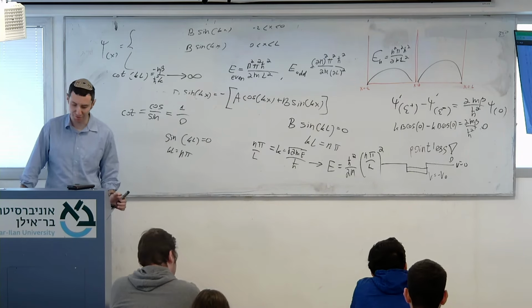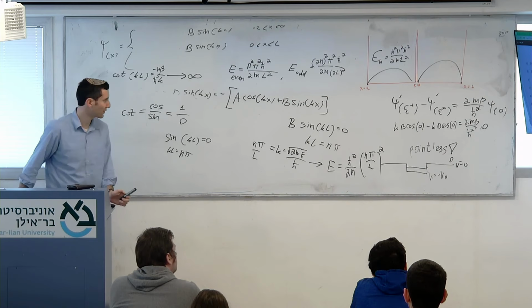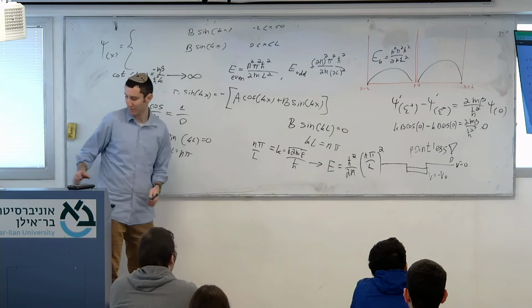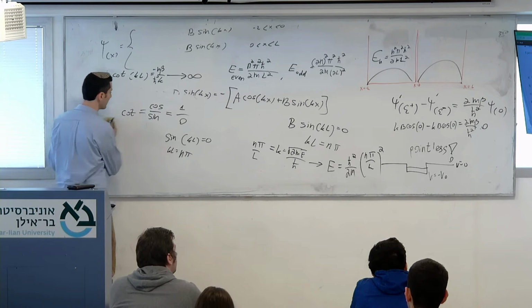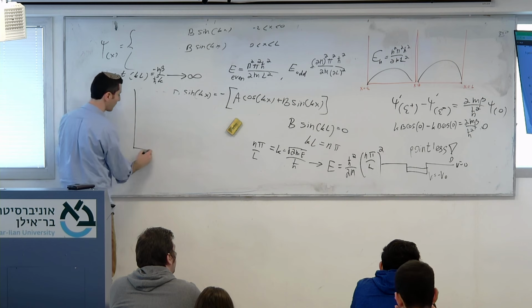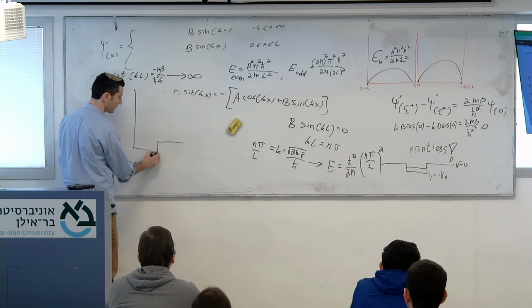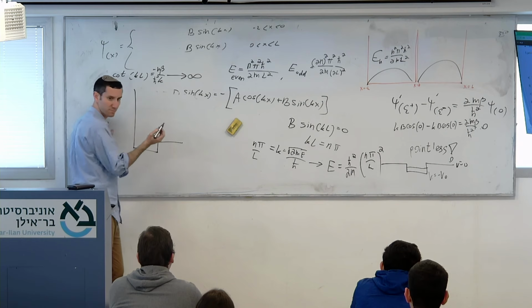Then you're going to have a half infinite potential well, which is exactly what we solved. The only difference is how you define the potential. From what I remember, I did it with 0 here and plus V naught here. In the homework, this is minus V naught and this is 0.